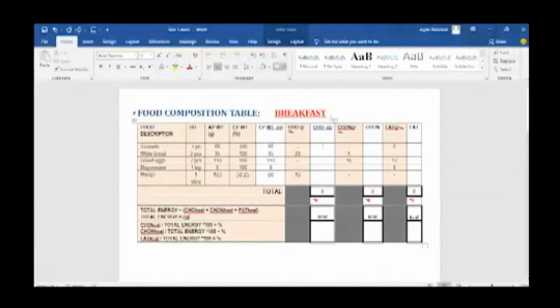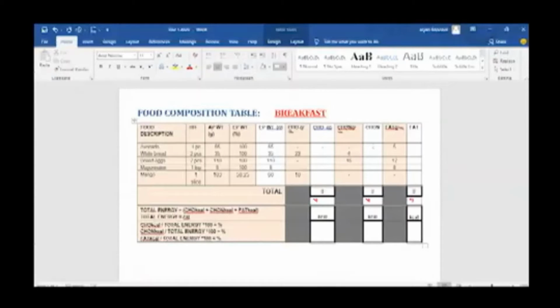So to determine these parts, we basically multiply the EP weight by the carbohydrate grams per 100 grams, and for the protein and fat as well, then divide by 100. So 65 times, well, this is 0, so it's immediately 0. And for protein as well.